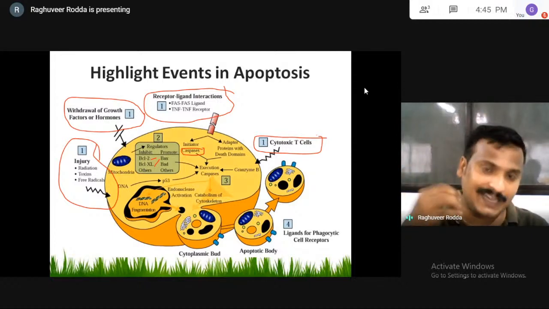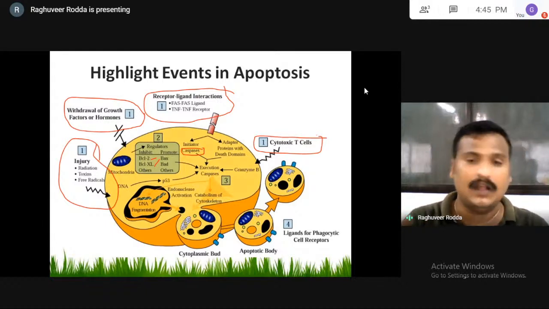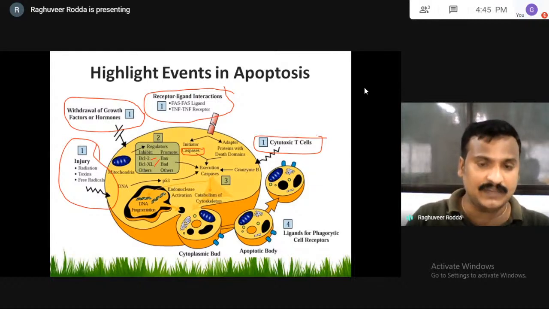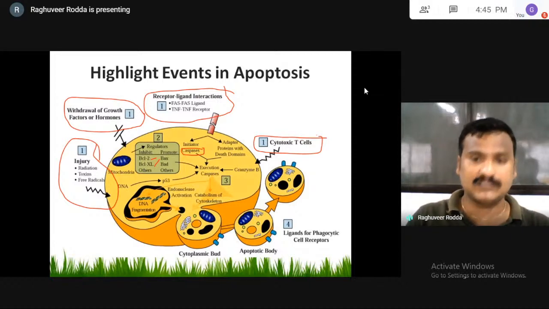That will cause the release of lysosomal enzymes from the cell which is injured or not required for activities, and finally the engulfing of that digested material in the form of vacuoles. Those vacuoles detach from the cell, and finally the cell will be converted into apoptotic bodies.